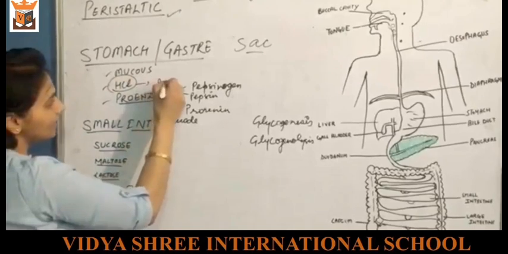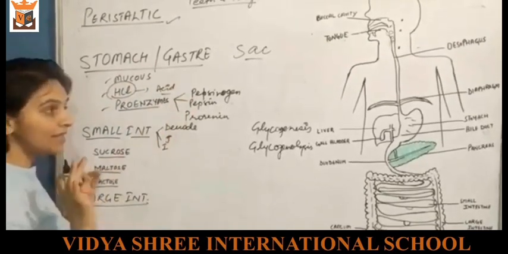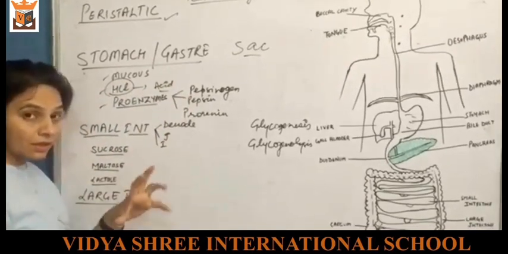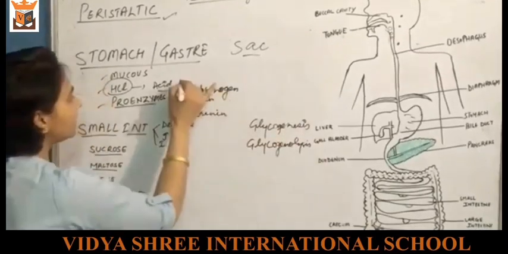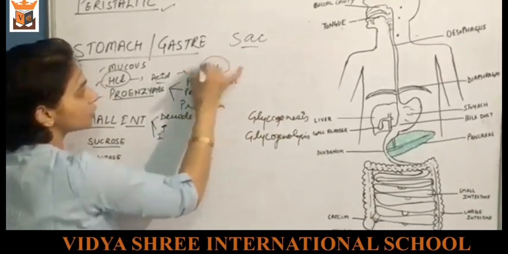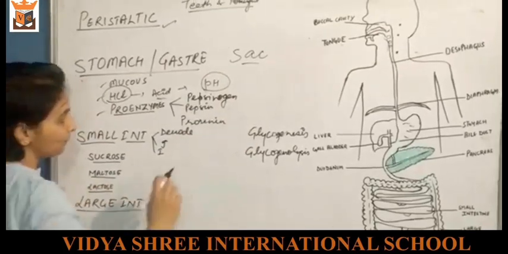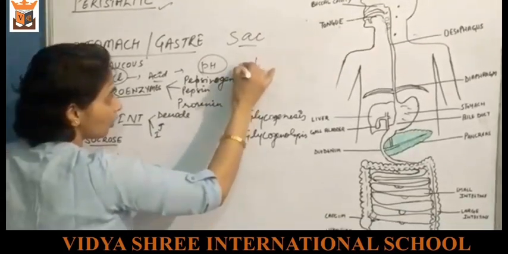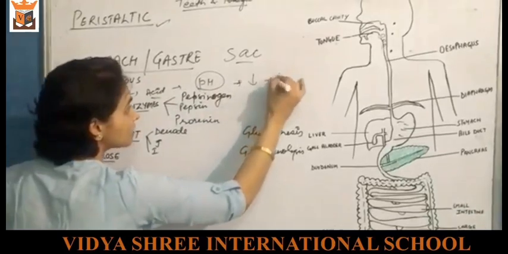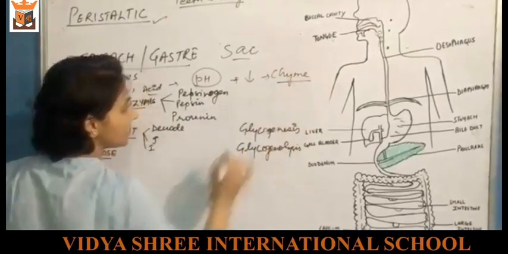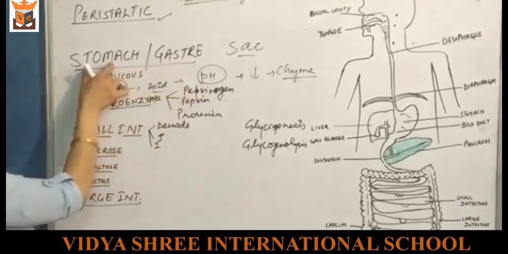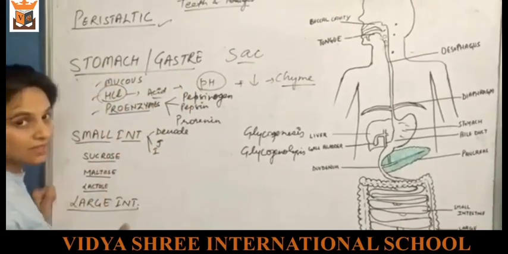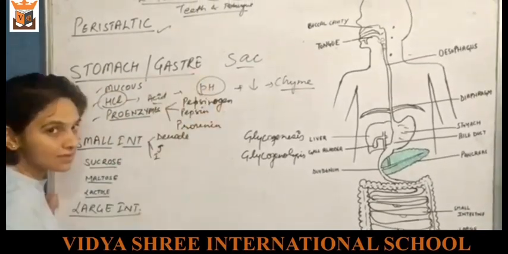HCl acid kills the harmful substances which are along with the food, and it decreases the pH of the stomach. Because pH is low, the food here is acidic, which is called chyme, CHYME. The word gaster is used for stomach. If I say stomach cells, then they will be called gastric cells.